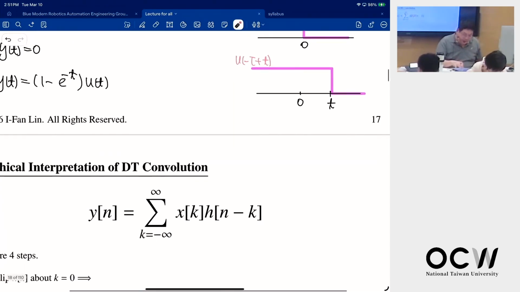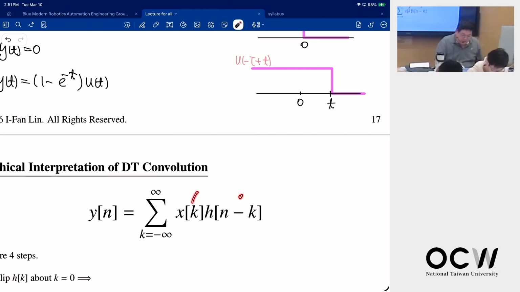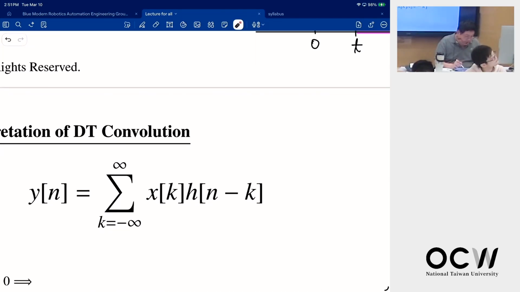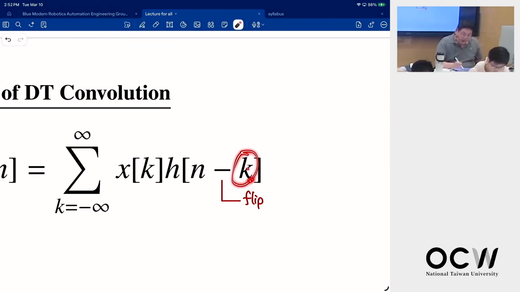So for the convolution, you know the formula like this. I have two signals. You can think about these two signals. The dummy variable now is k. So here you can see that the steps are, first, the dummy variable is k, so first I flip. Here, minus means I flip it. Remember, your dummy variable is k.